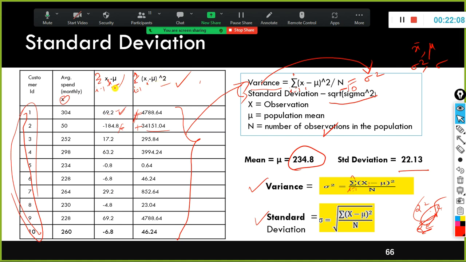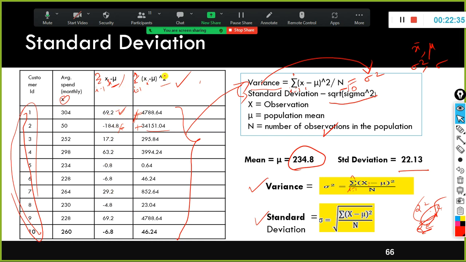So I need to take the mean for the data set, subtract the mean from each and every value, and then square the value. Now they will ask you why you need to square the value. To obtain variance, I need to add all the values of x minus mu. If I don't square it, the positive and negative values get subtracted when I add them.